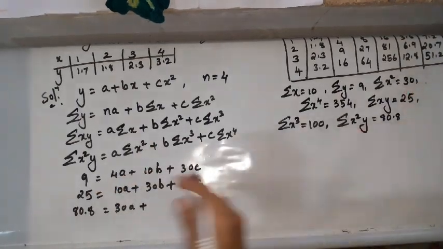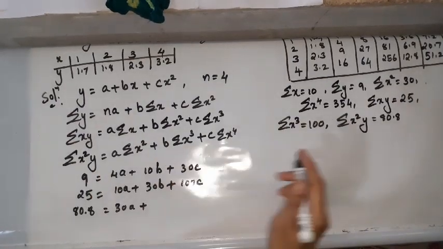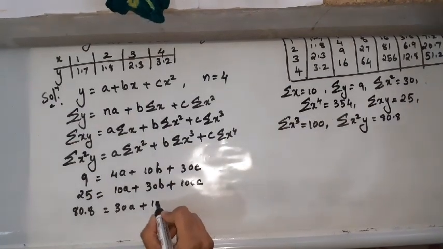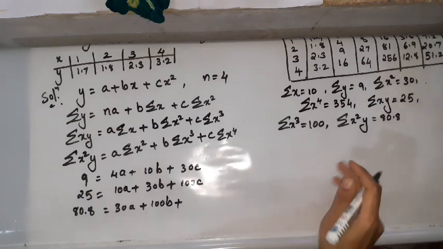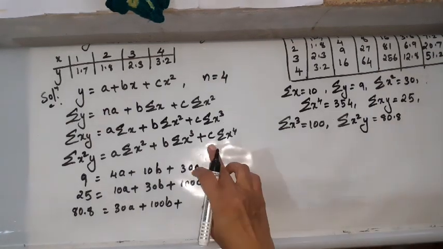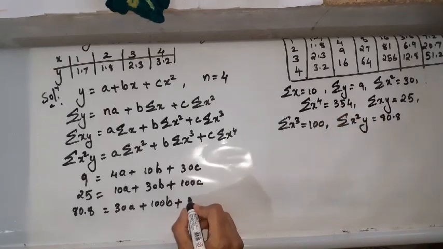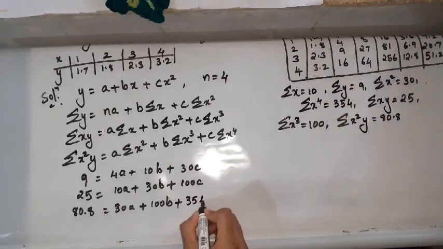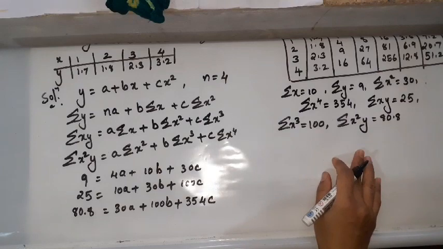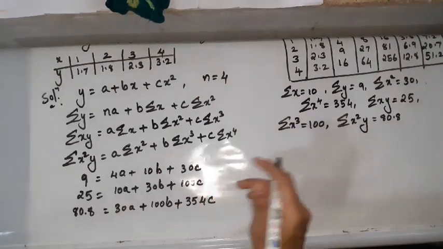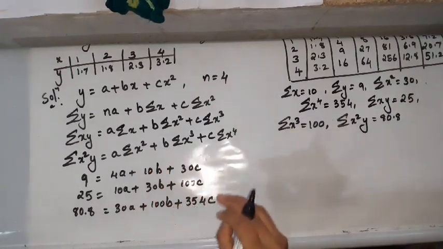So, summation x square is 30, so it will be 30a. Next, b into summation x cube, 100b plus c into summation x to the power 4. Summation x to the power 4 is 354, so 354c. This is what you get. Done?